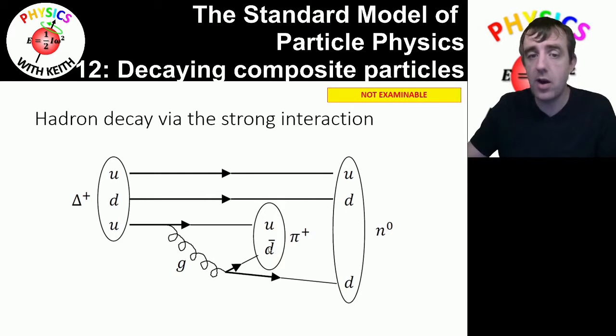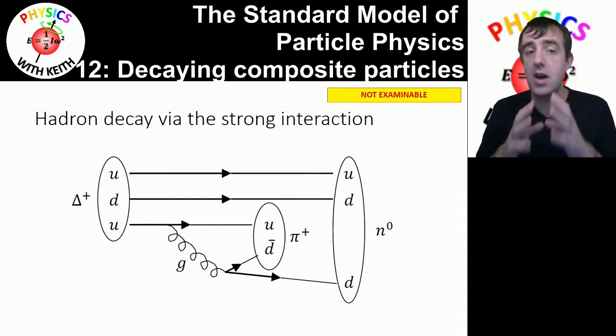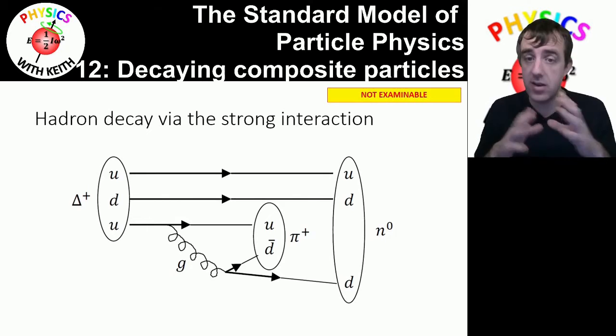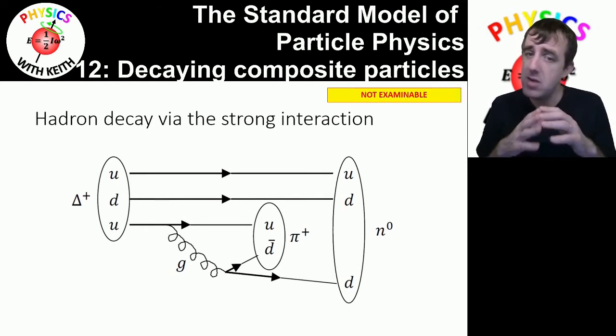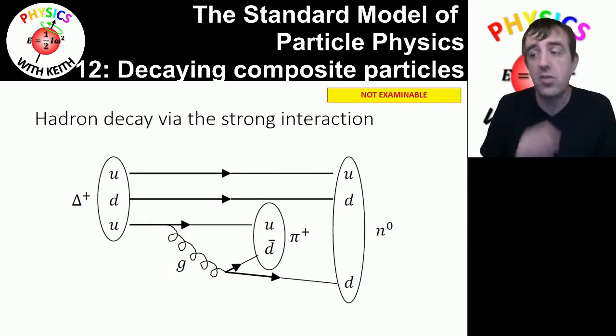And that leaves the up quark and the anti-down, the down antiquark should I say, to form a positive pion. And so that's another possible way that the delta+ hadron can decay. Now, if the delta+ particle does decay this way, it's not as energetically favourable. That means this is a less likely outcome, but it's still possible.